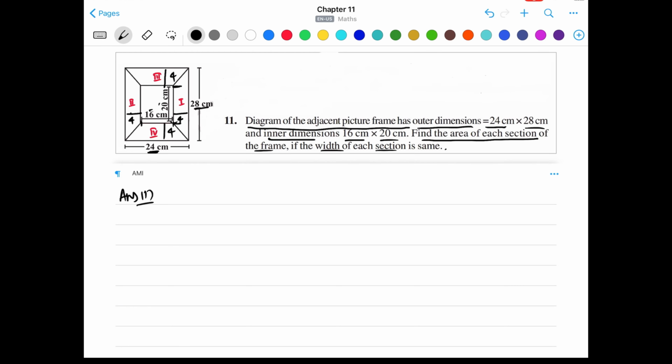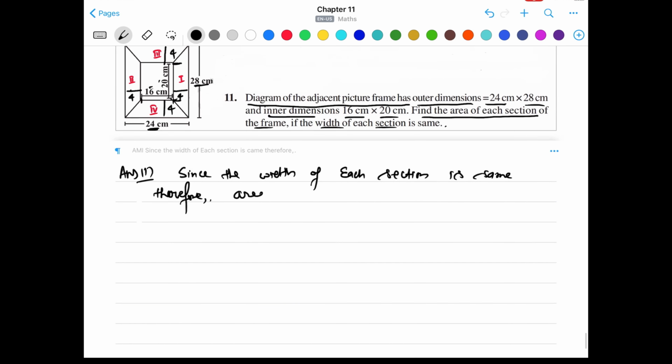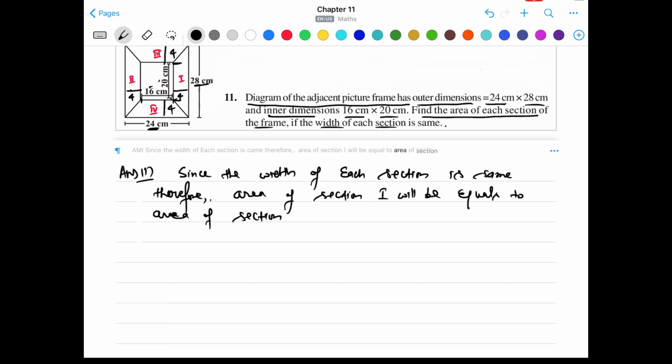Number 11. Since the width of each section is the same, therefore the area of section 1 will be equal to the area of section 2.